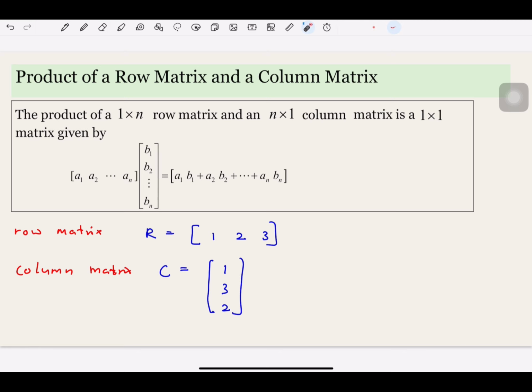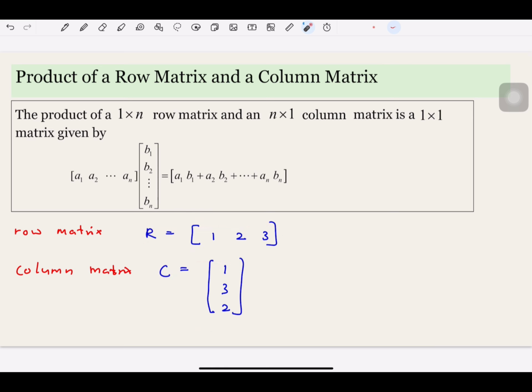This is an example of a column matrix, because you have only one column with multiple rows. So now let's try to understand how we multiply two matrices like this, a row matrix with a column matrix. Notice that this is a row and this is a column matrix.